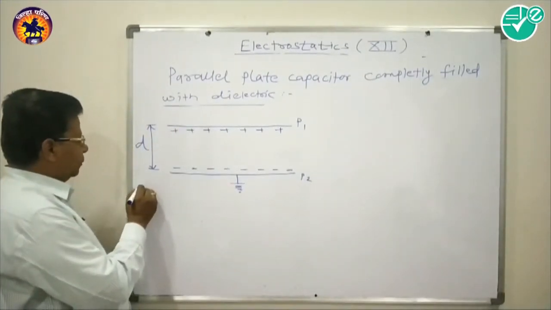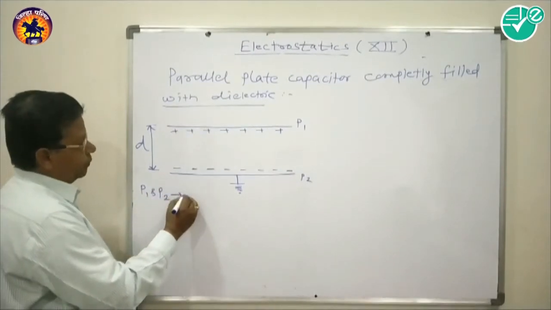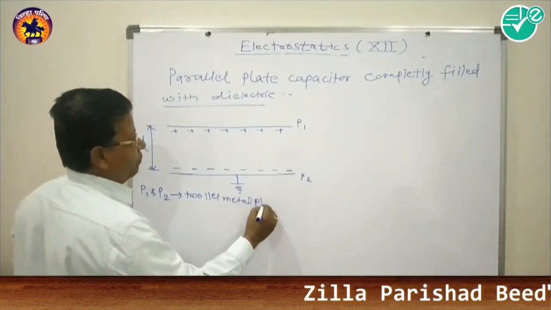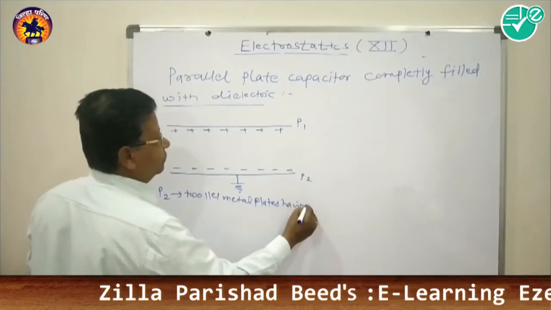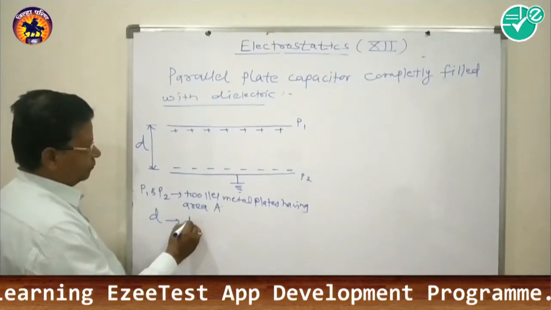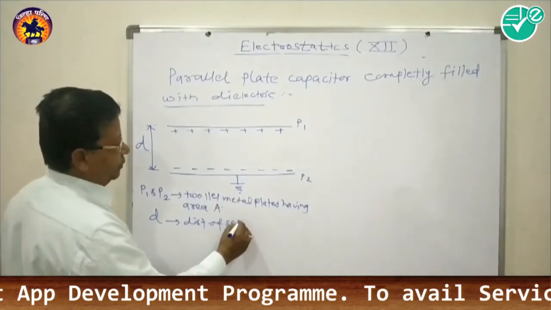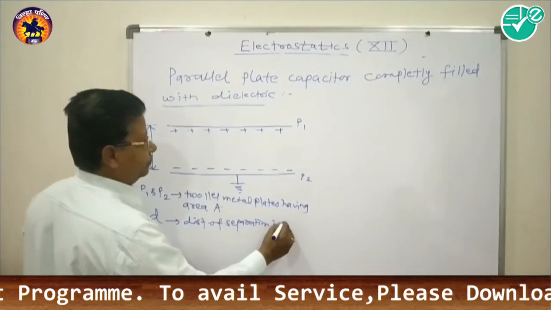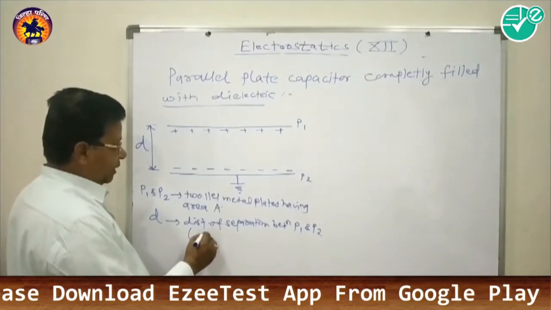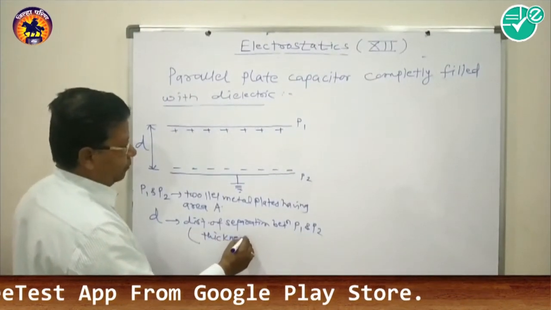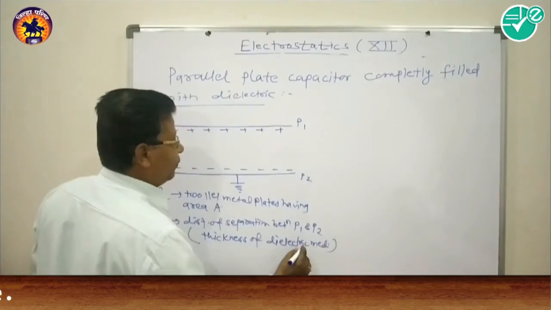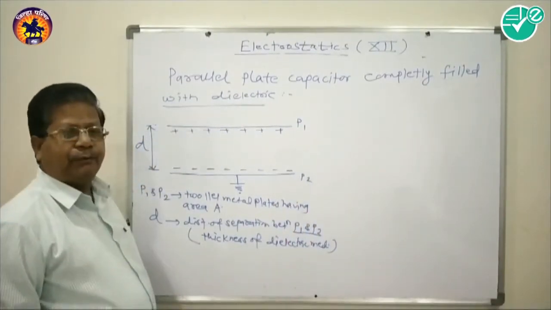Now here P1 and P2 are two parallel metal plates having area A. D is the distance of separation between P1 and P2, or this can be written as the thickness of the dielectric medium between plates P1 and P2.